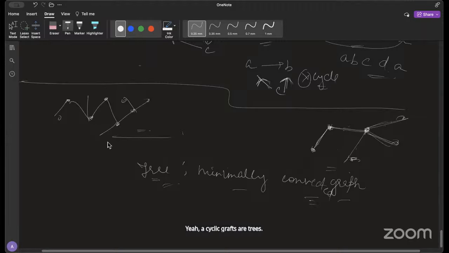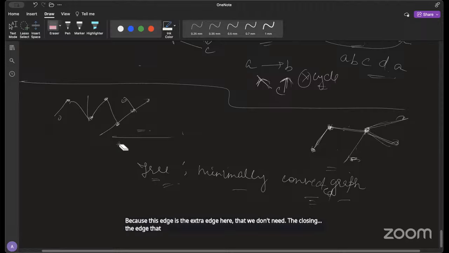Because when you don't have a cycle, cycles are the main problem because that's when you repeat things, right? If you put this thing here, then that's the problem, because this edge is the extra edge here that we don't need. The edge that closes the cycle is the unnecessary edge, right?